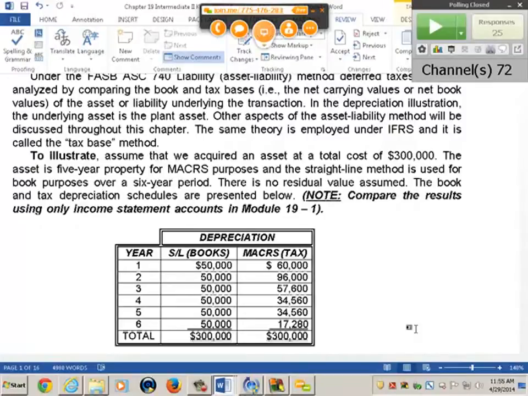All right, so this is what we did from the income statement approach. This is the way we handled it. We took the book tax difference times the tax rate to get the deferred provision. The sum of the deferred provision became the deferred liability as we went along.